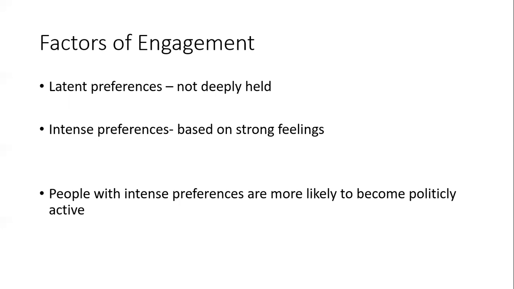If you look at the hot button issues of the day, like Second Amendment rights, abortion rights, people have much more intense preferences on those than they have on, let's say, I don't know, tax law. And although tax law probably affects your life more on a basic level than the other two, people have more intense feelings about those. So that's where we are.